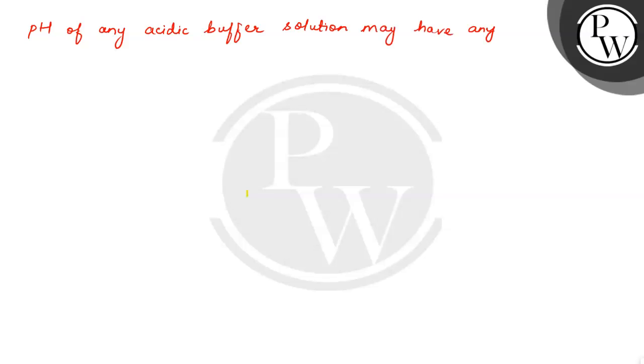So let's start. We all know that the pH of any acidic solution may have any value and always tends towards 7 on dilution.